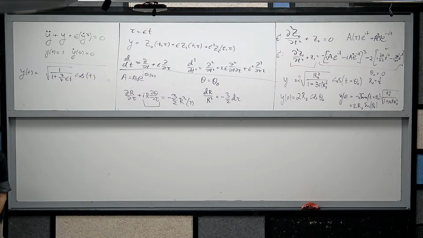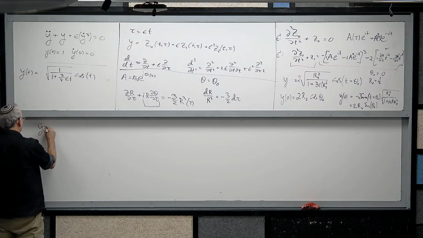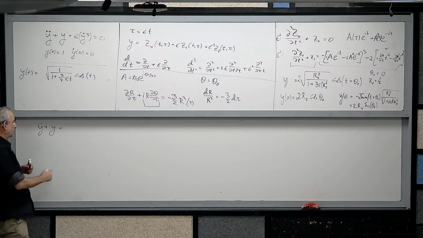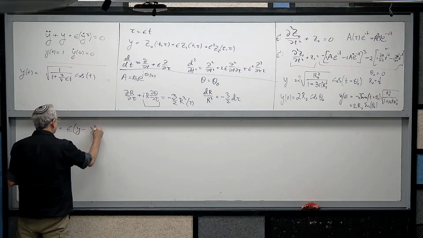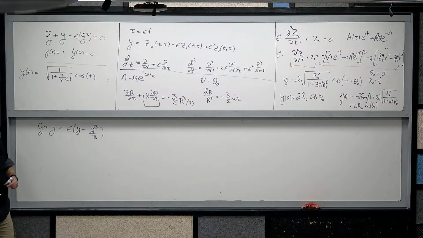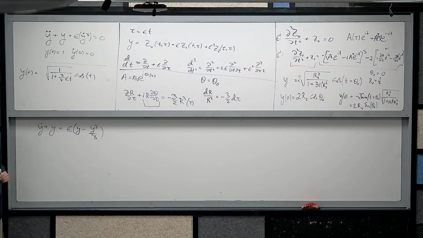The Rayleigh oscillator satisfies y double dot plus y equals epsilon times (y dot minus y dot cubed over 6). Okay. What does that mean?